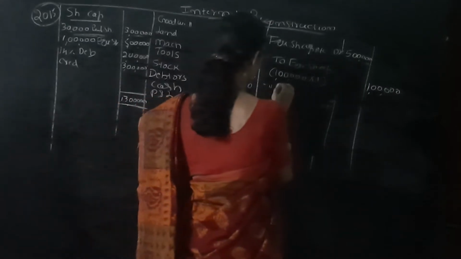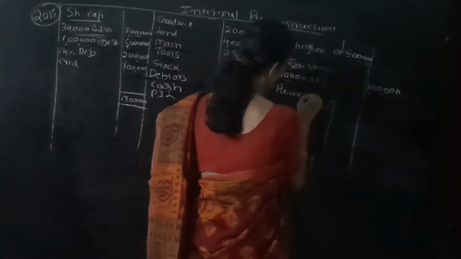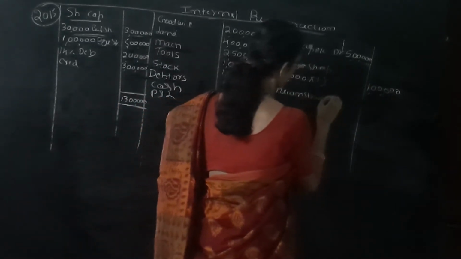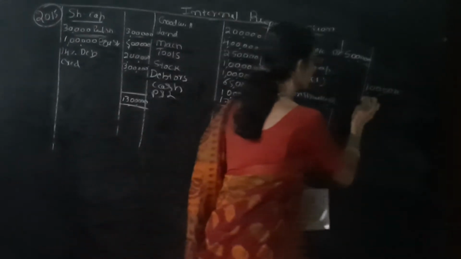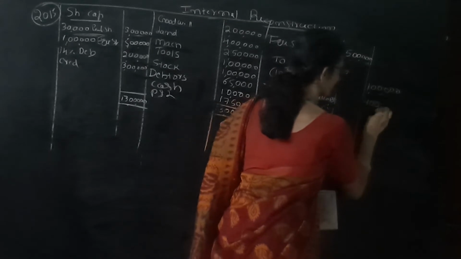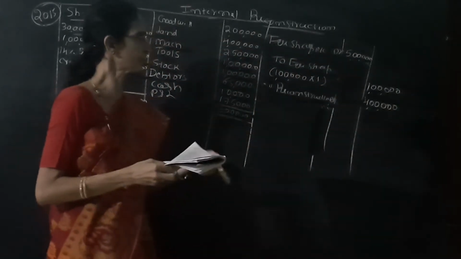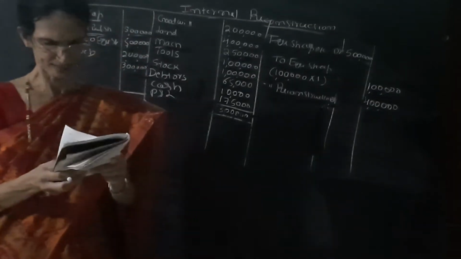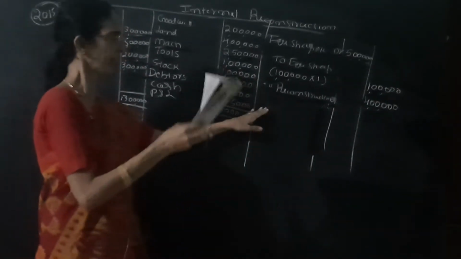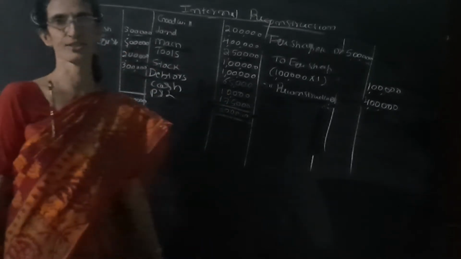And once again the remaining balance should be transferred to the reconstruction account. To reconstruction account, 5 lakh minus 1 lakh, it will be 4 lakh. So this is the second journal entry. Then we write the narration: being equity shares are reduced to rupees 1 each.